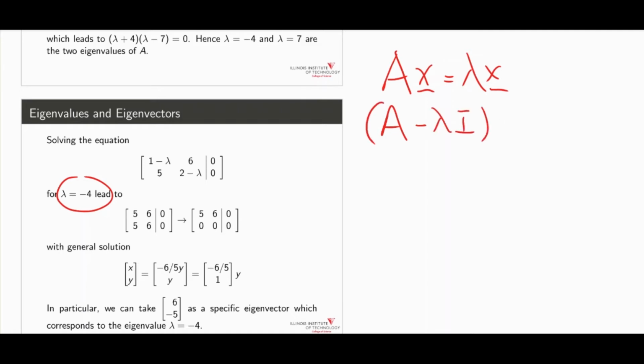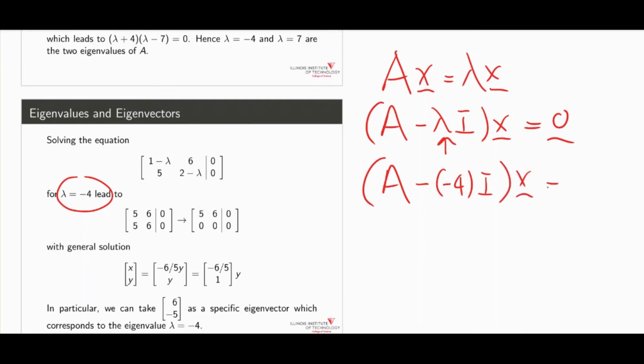All right, so let's go back to these equations, right? Ax equals lambda x. If you are looking for the eigenvectors corresponding to lambda equals negative 4, you will be solving (A minus lambda I)x equals 0. But then your lambda here is going to be negative 4, so you will be solving (A minus (-4)I)x equals 0.